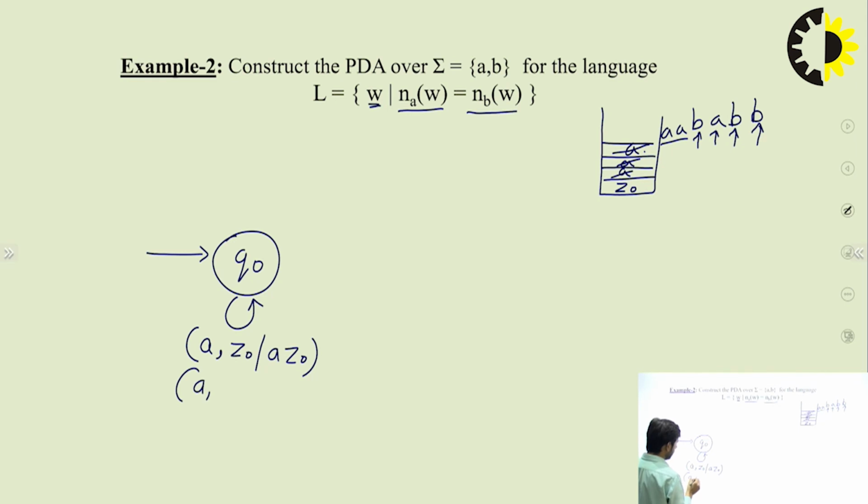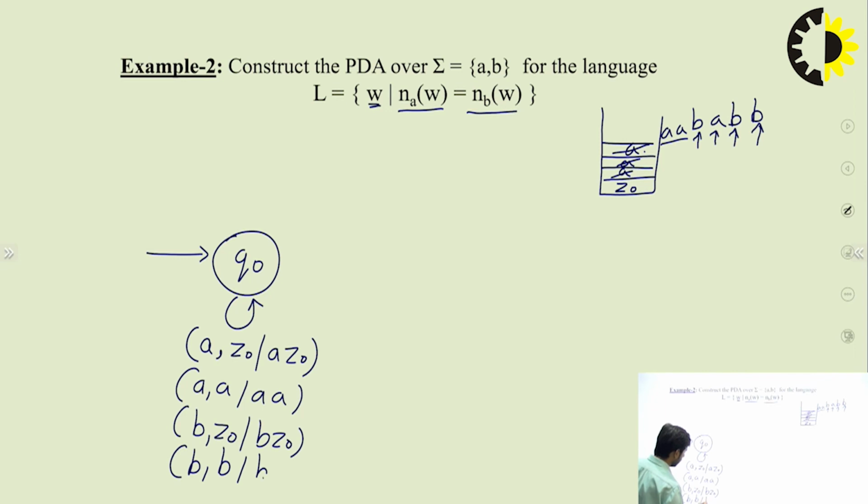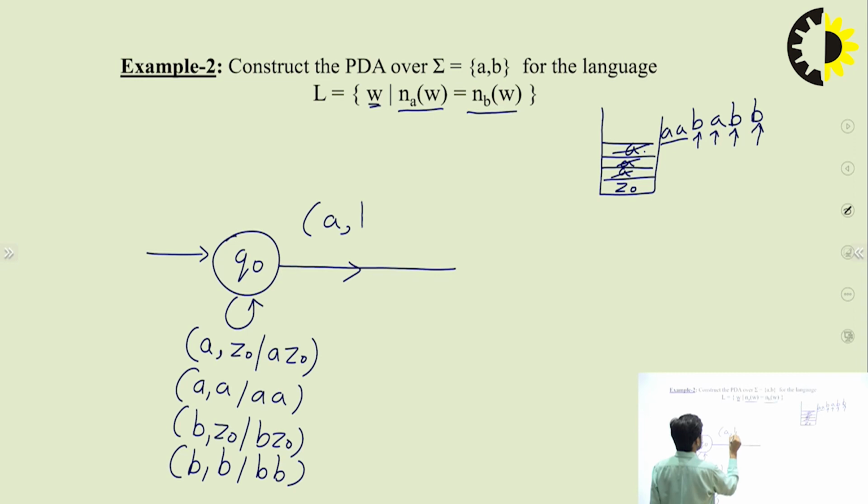When input is A, top of the stack is A, we push A. When input is B, top of the stack is Z node, we push B Z node, and when input is B, top of the stack is B, we push B B. Now when A is the input and top of the stack is B, we pop B, or when input is B, top of the stack is A, we pop A.